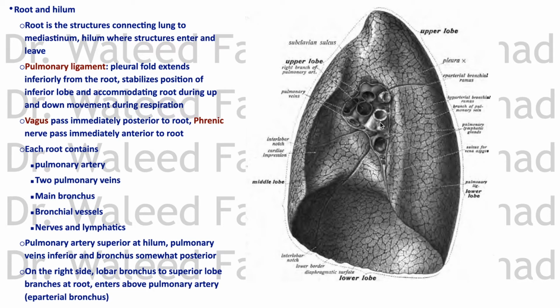This is a main bronchus, and this is a branch called the epiarterial bronchus, because this is the right side. The bronchus divides early before entering the lung. And anterior, you will find cut sections of the pulmonary veins, the right and left superior and inferior pulmonary veins.